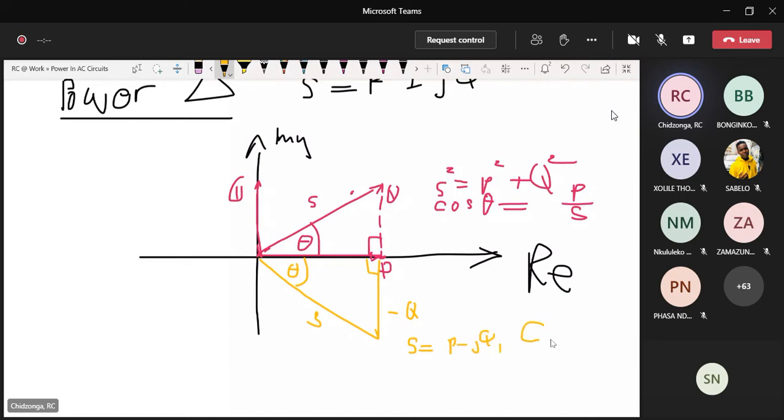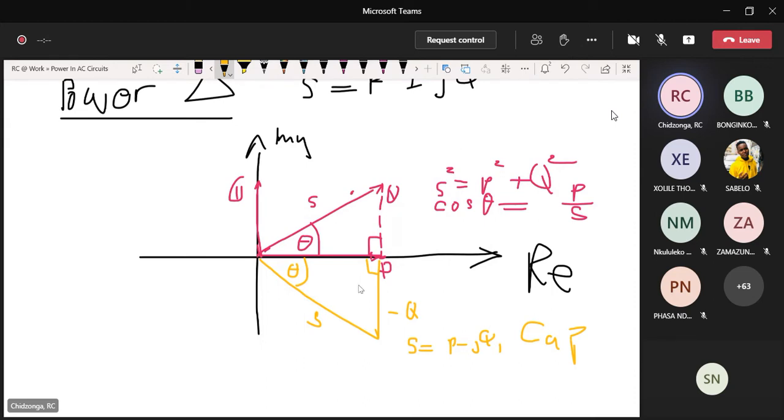And that is capacitive, a capacitive load. This relationship still applies, meaning that if you have got P and Q, you can find S. Or in general, if you have got any two of these, then the rest of them are defined. You can calculate them from that power triangle. This is what we call the power triangle.